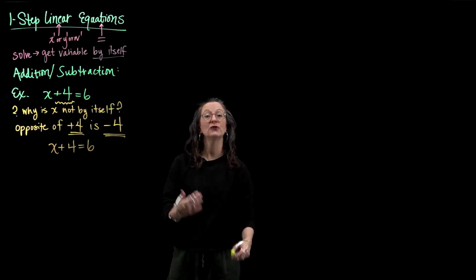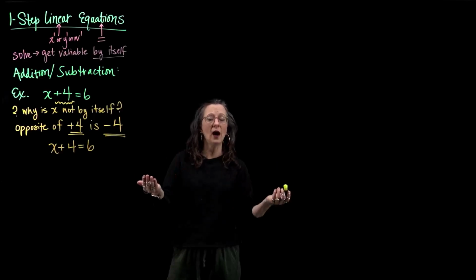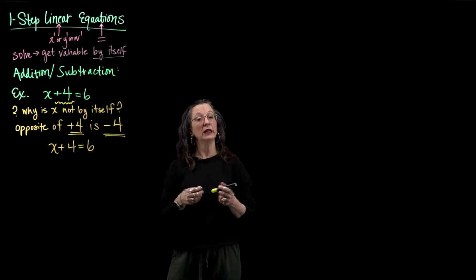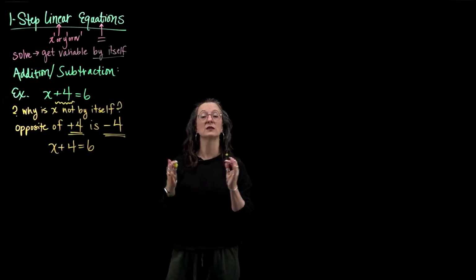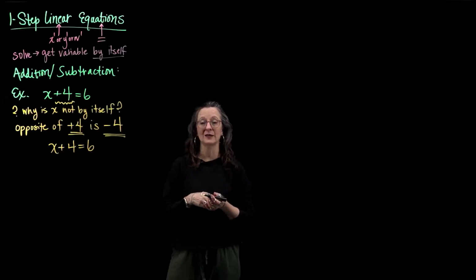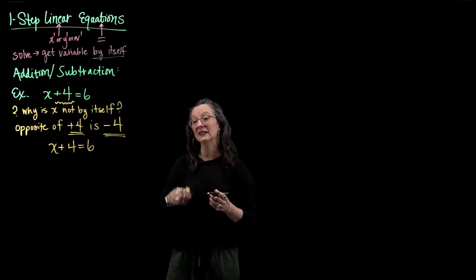And then I'm going to fill in the opposite. I'm going to do the opposite of the thing that's next to x. Now, on an equation, we can always do the same thing to both sides. I can add the same number to both sides. I can subtract the same number from both sides. As long as I'm doing the same thing to both sides, it's legal.